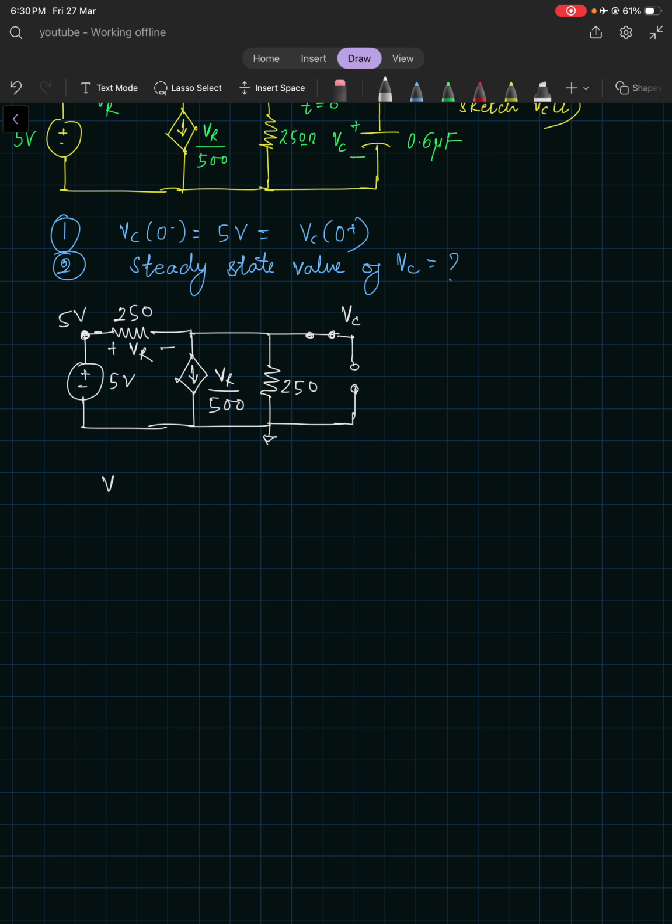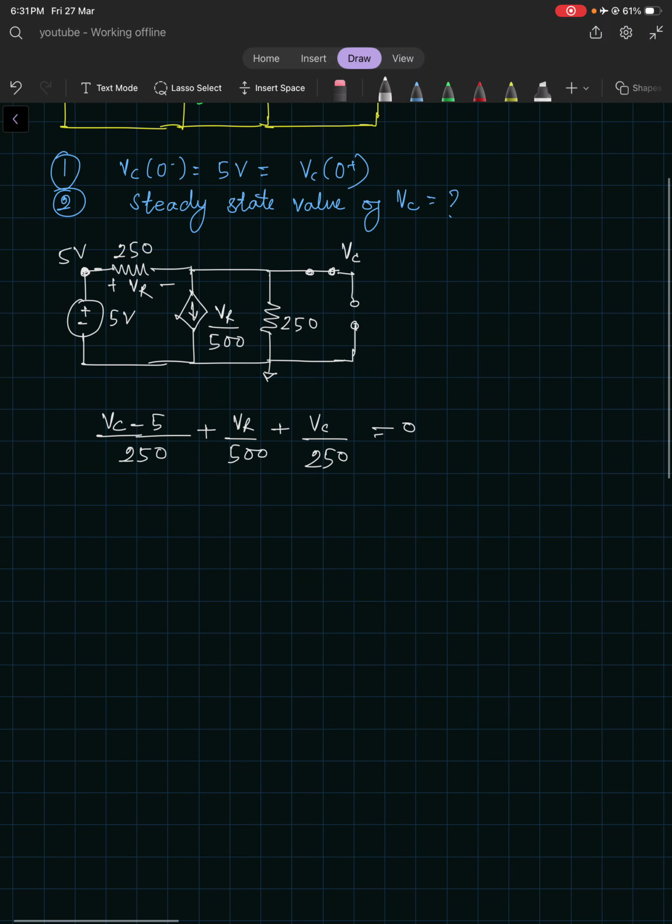So (VC minus 5) upon 250, plus VR upon 500, which is already given, plus, in this node, this branch and this one, VC upon 250, is equal to 0.